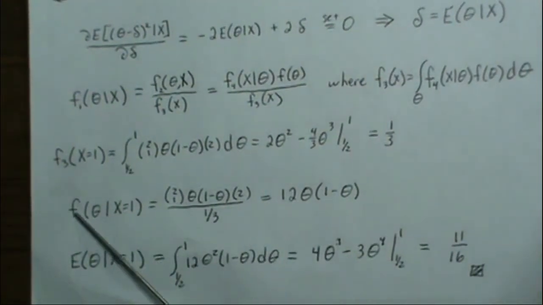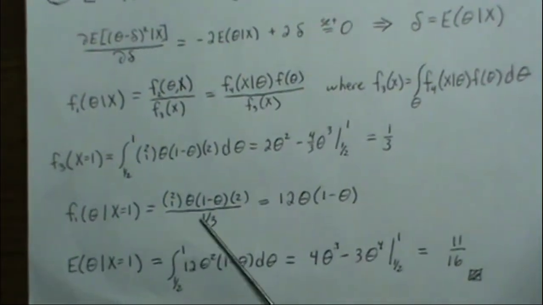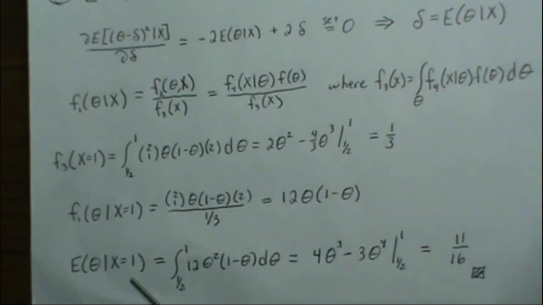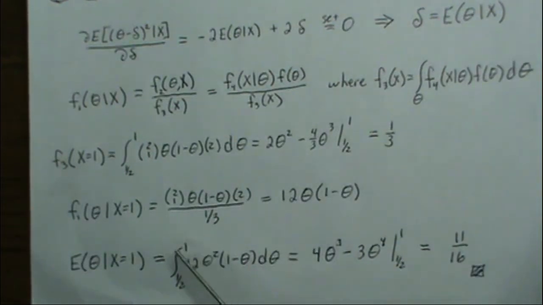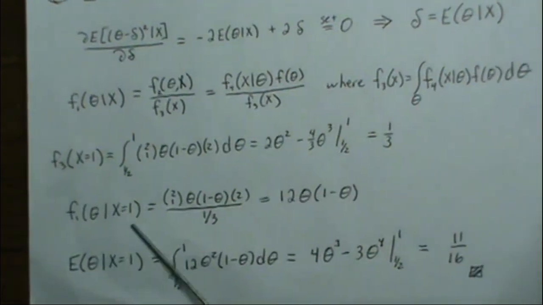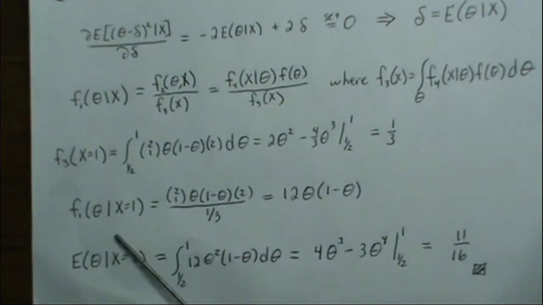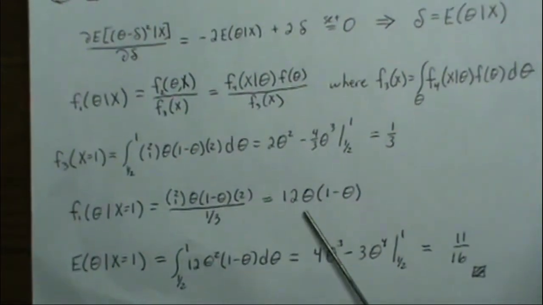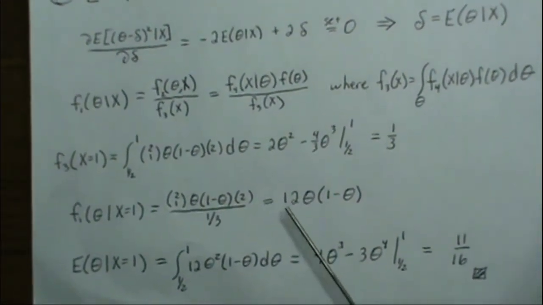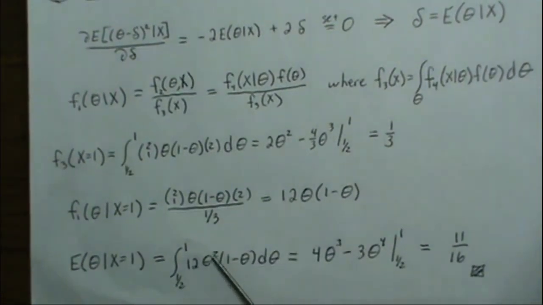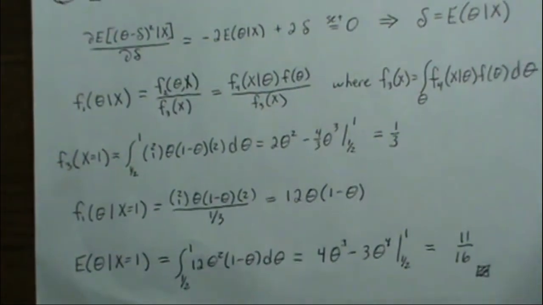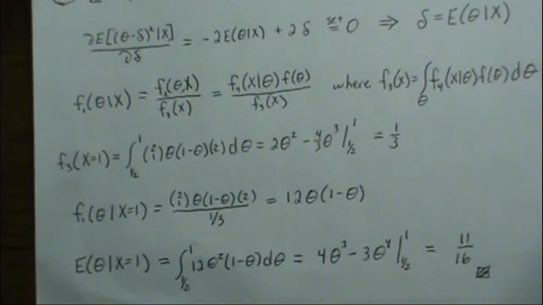So to find the expected value for this function, you have to plug in a theta times this density. So we take theta times 12 times theta times 1 minus theta, so the theta becomes squared. Well, then when you integrate this, you get this, you plug in the values, and you get 11/16 as an answer.